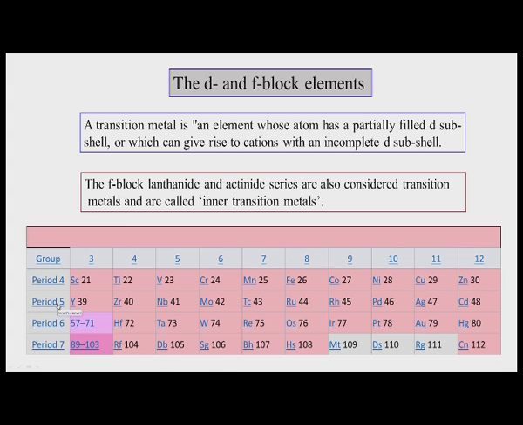Similarly, if we go to the next period, which is period 5, we get yttrium to zirconium, niobium, ultimately to silver and cadmium. And period 6 gives us 57 to 71, which by definition are the F block elements.